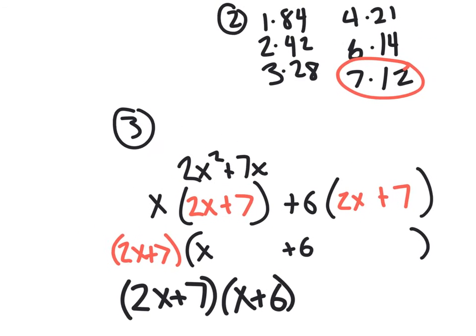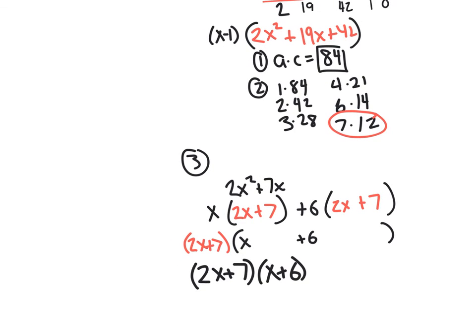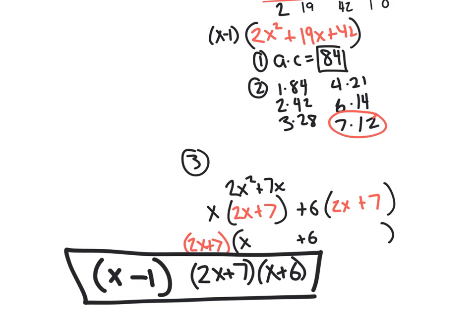We have to go back up here. This came from this, and we still have the x minus 1. So, ladies and gentlemen, right here are all three factors of the original polynomial when they give us x minus 1 being a factor. So the other factors are 2x plus 7 and x plus 6.